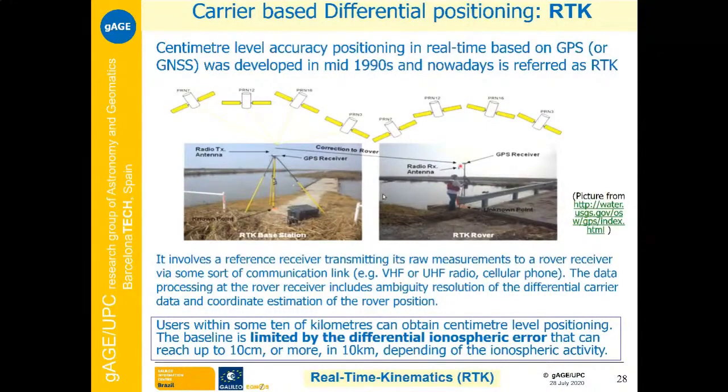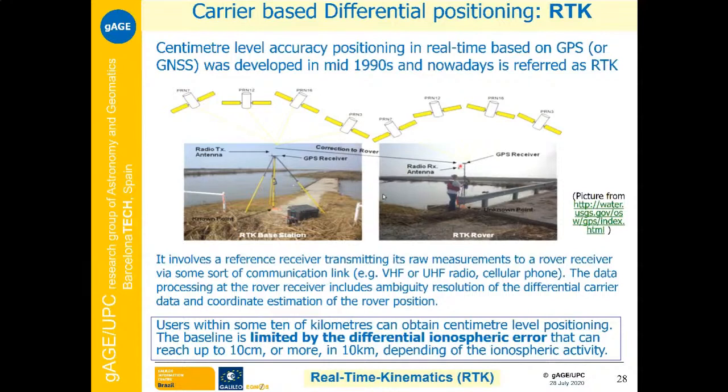In the case of using code measurements, the residual error can be larger than when using carrier phase measurements. This is because when using code measurements, the target is to achieve meter level of accuracy, and then residual errors at the meter level are not critical.